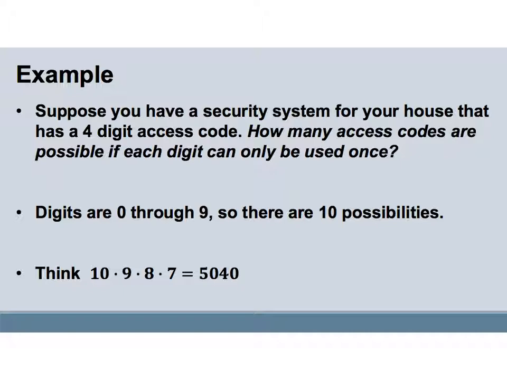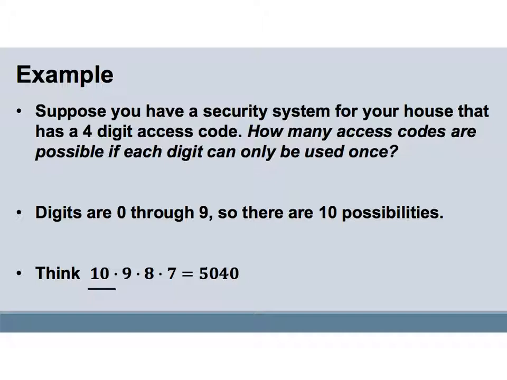Well, first off, you have to understand what digits are. Digits are the numbers 0 through 9. So that's 10 different possibilities. If you count on your hands, 0, 1, 2, 3, 4, 5, 6, 7, 8, 9, you're holding 10 fingers up. So that's 10 different numbers. On my first digit, I can use any of the 10 numbers.